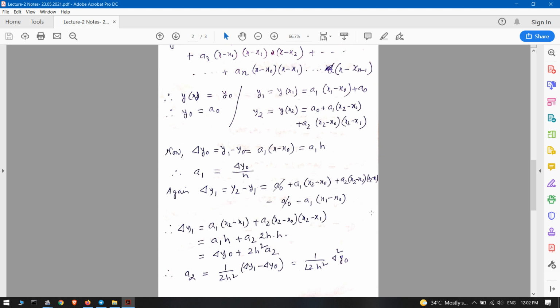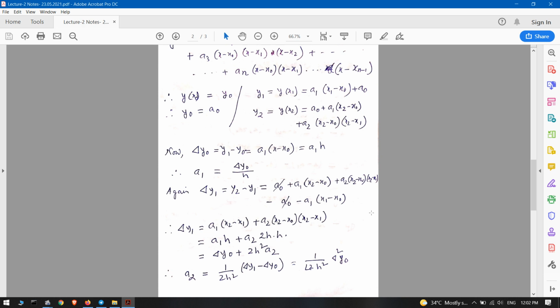That table is already given. Suppose we are assuming this is correct. Then for x equal to x0, the value must be equal to y0. So if we put x equal to x0 in this expression, then we get y of x0 equal to a0. So we can write y0 equal to a0.